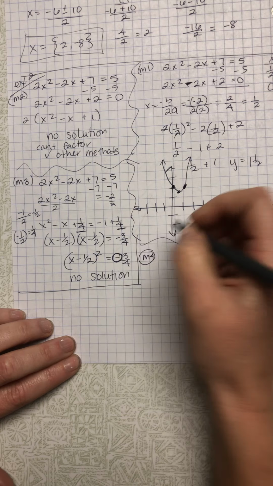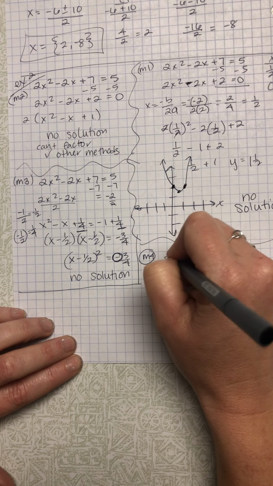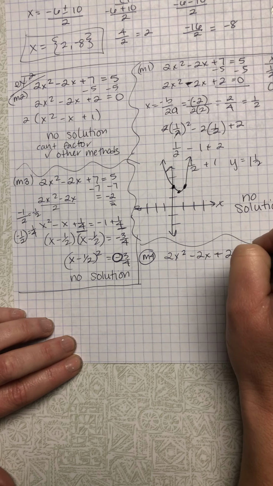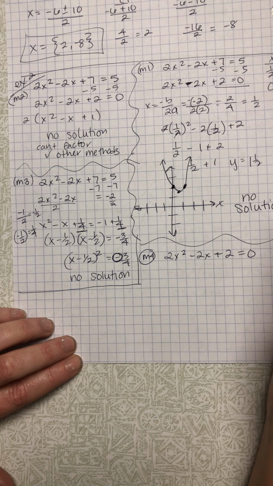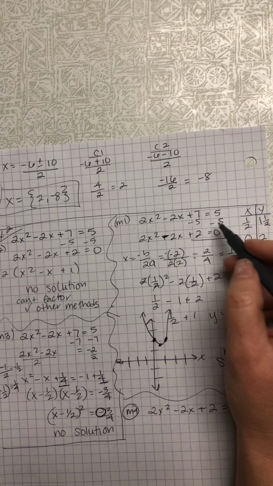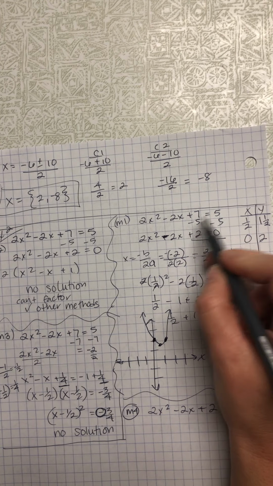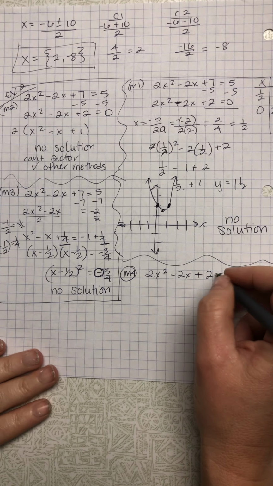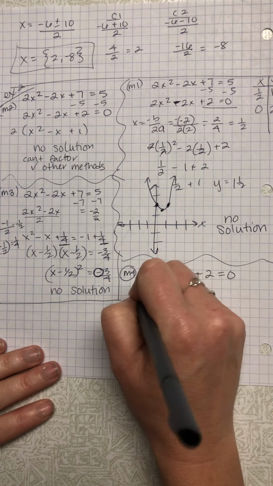Method 4. Quadratic. 2x squared minus 2x plus 2 equals 0. I'm just going to jump here, right? We know that the 7 and the 5 is how I got the 2. Okay. Save myself some space. So we're going to use that formula.